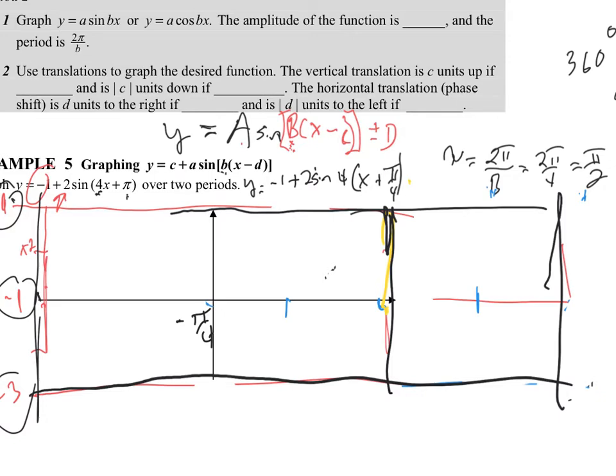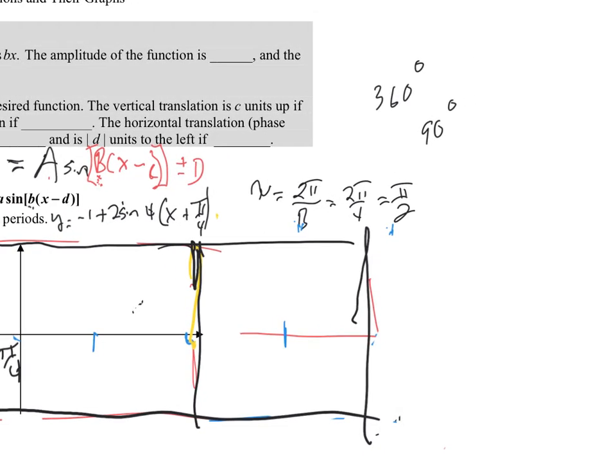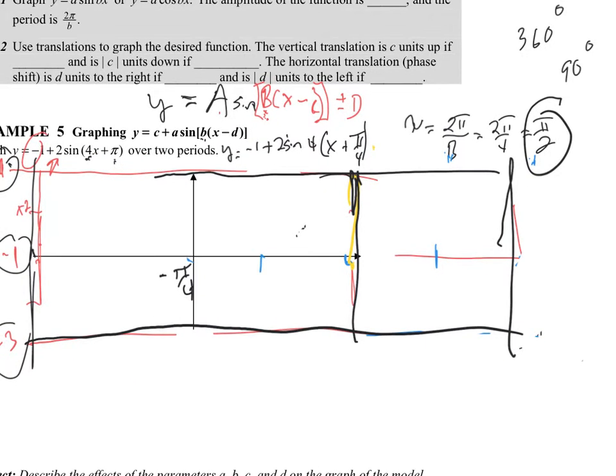Okay? And since it takes pi over 2 to get to the end of it, I have to take the starting place, negative pi over 4, and add pi over 2. I know you love the fraction work. I know you love it. I shouldn't put that number up there. I should put it down here. Negative pi over 4.